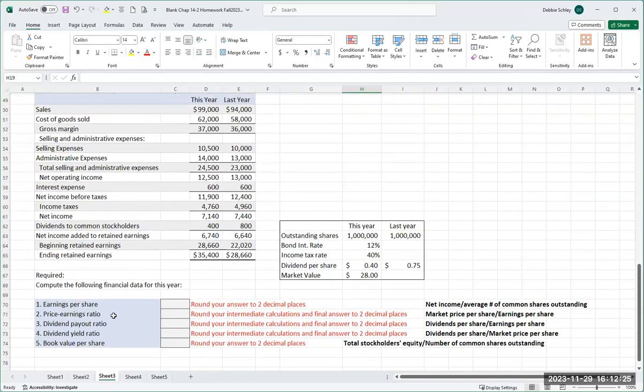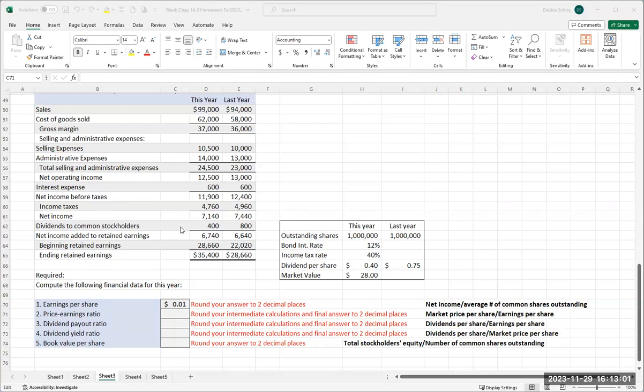Okay, earnings per share is going to equal the net income this year again, right there, net income divided by the average number of common shares outstanding, which is, like I said, just 1 million. Nope, that's not right. Oh, I know why it's not right.